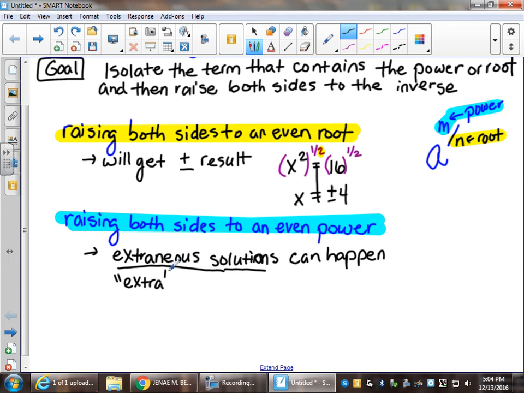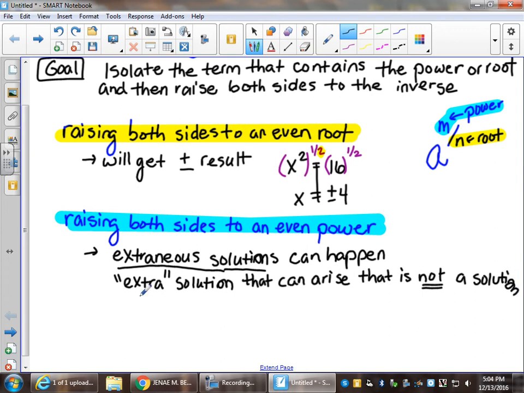It's an extra solution that can arise that is not a solution to the original equation.